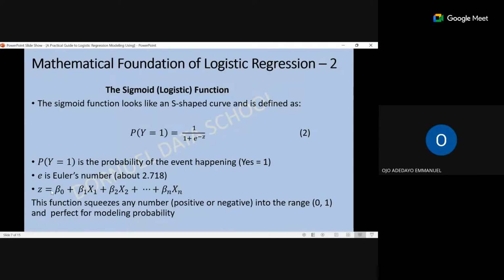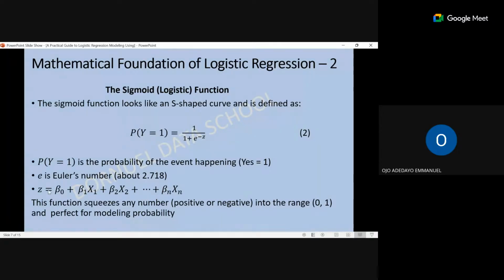Then all these beta 1, beta 2 are the coefficients of the independent variables, all those factors. Let's say x1 here is the variable that captures your test score, x2 is the variable that captures the hours of study, and x3 is the time that you spend, or the food that you take, or how you use your brain.